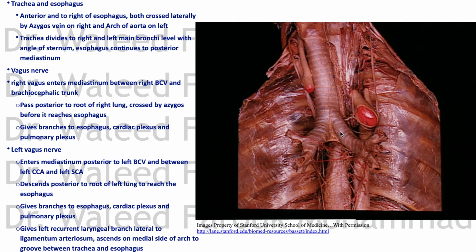We talked about the difference between the right bronchus and the left bronchus, that the right one is more vertical and wider than the left, so foreign bodies tend to lodge into the right side, and the incidence of lung abscess is more on the right side, while the esophagus continues into the posterior mediastinum to finally pass through its opening in the diaphragm and ends in the cardia of the stomach.